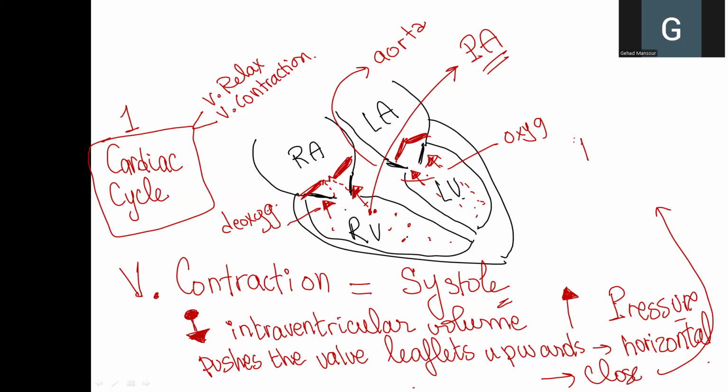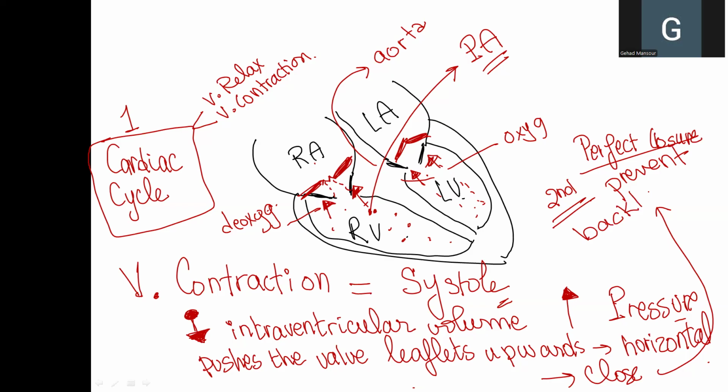What was the first function of the valve? The first function was to allow passage of blood from the atria to the ventricles. But the second function of the valve is to prevent backflow of blood from the ventricle to the atrium during ventricular contraction.